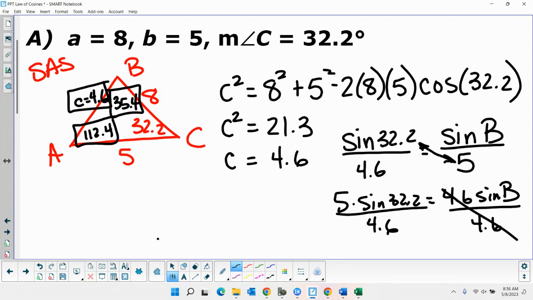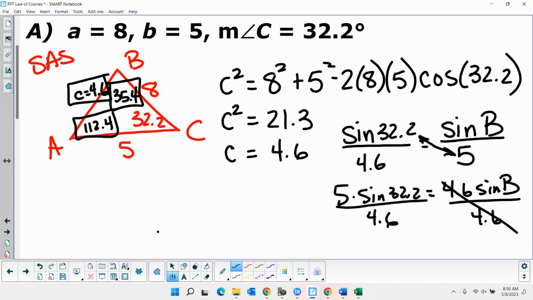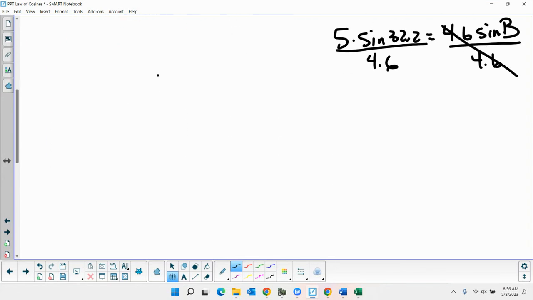Okay, let me ask you this before we move on. Let's see, I've got 10 equals 2 plus 4 minus 2x. Solve for x. What's the first step?